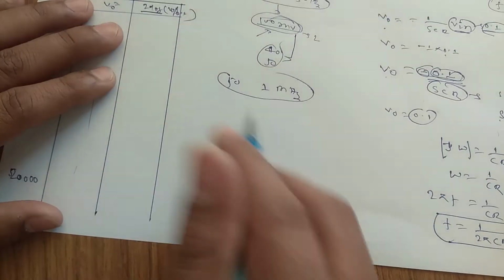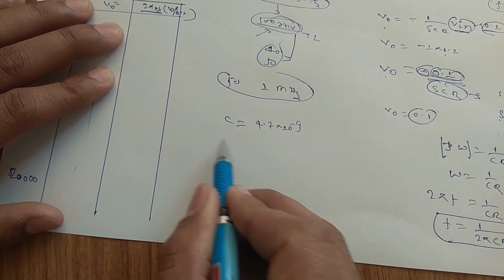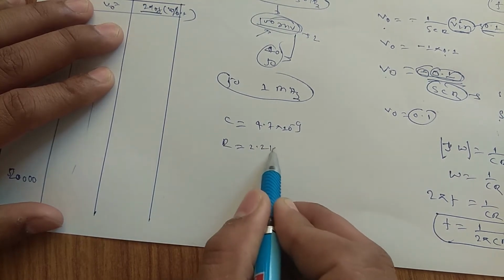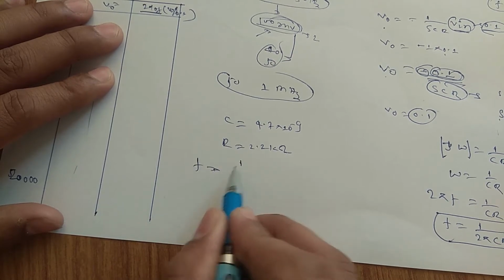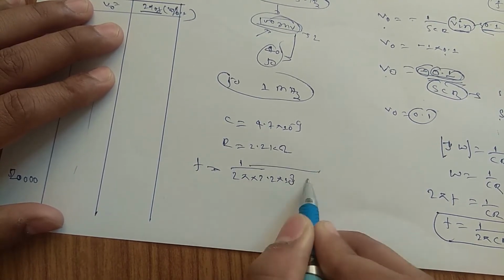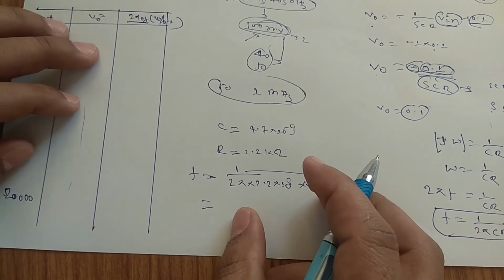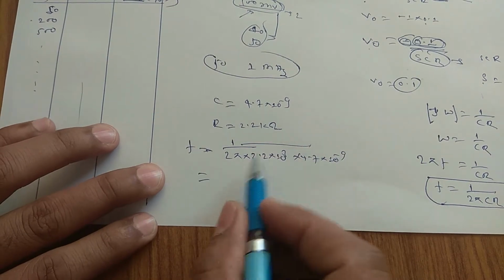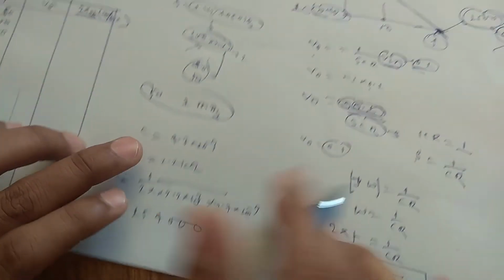Now for this, what we have taken is C equal to 4.7 nanofarad and R equal to 2.2 kilo ohm. Now if I calculate this, F is equal to 1 by 2 pi into 2.2 into 10 to the power 3 into 4.7 into 10 to the power minus 9. You are going to get a value around 15,400. Here around 15,000 we were getting this value.